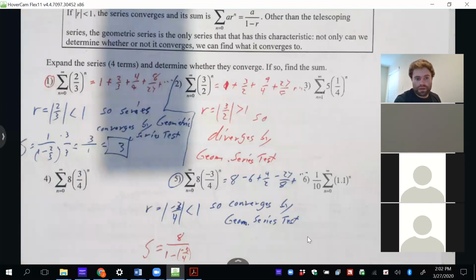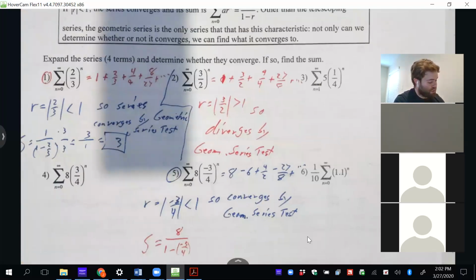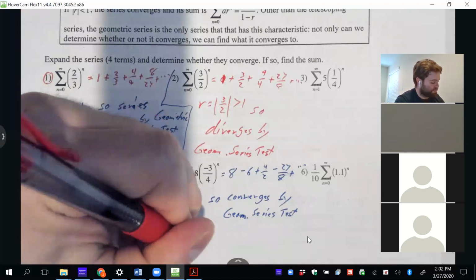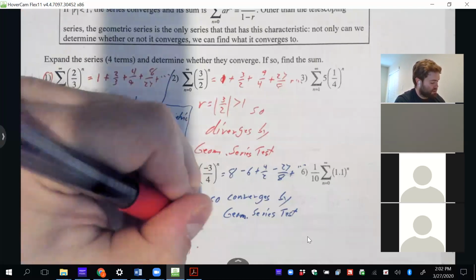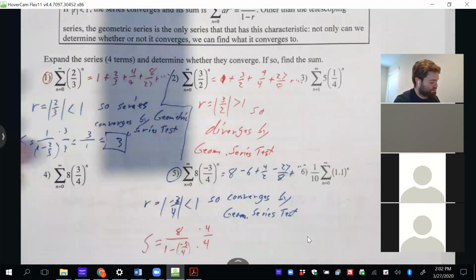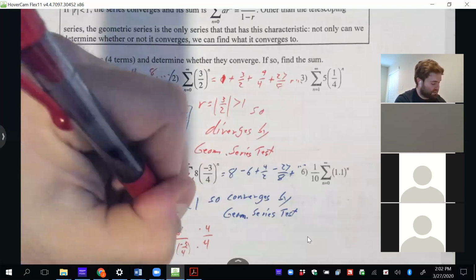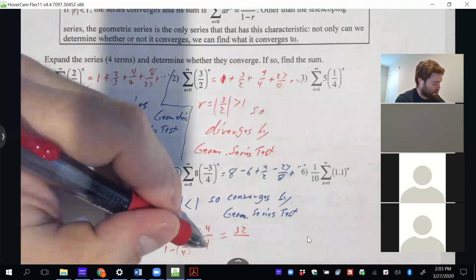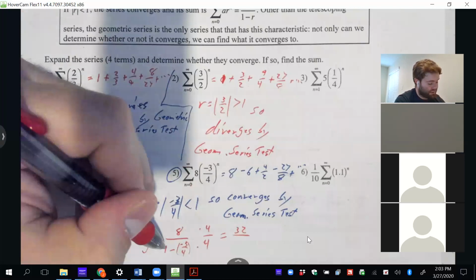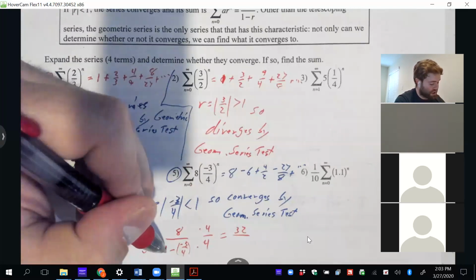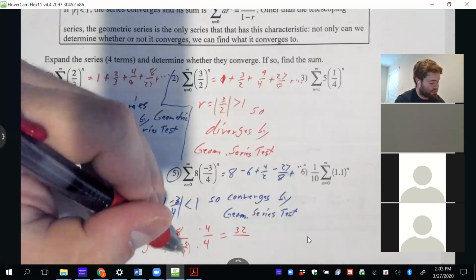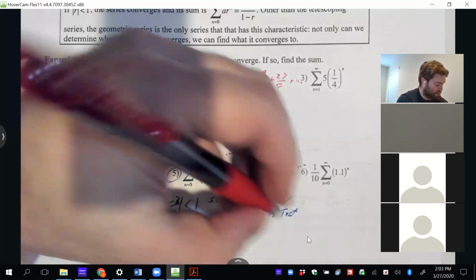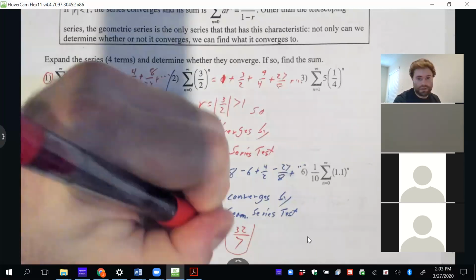And like I did on the other one, we will now multiply the top and bottom of this by 4 to help this out. 8 times 4 gives us 32. On the bottom, 4 times 1 gives us 4, and 4 times this fraction would just cancel, so we just have that -3. So we end up with 4 minus a negative is plus, so 4 plus 3. We end up with 7 on the bottom here, and 32 over 7 ends up being the sum.